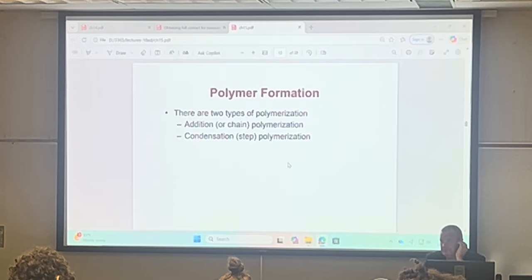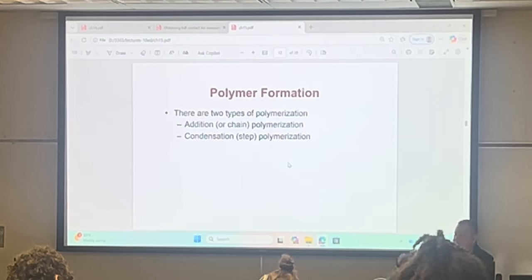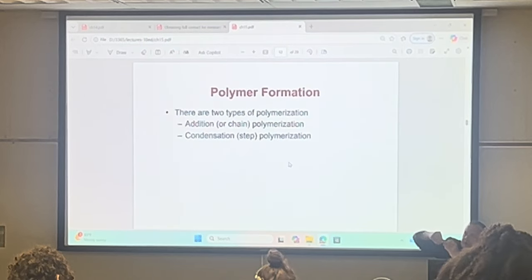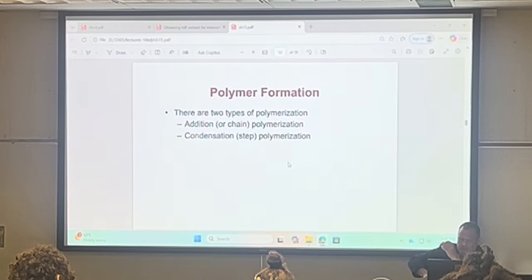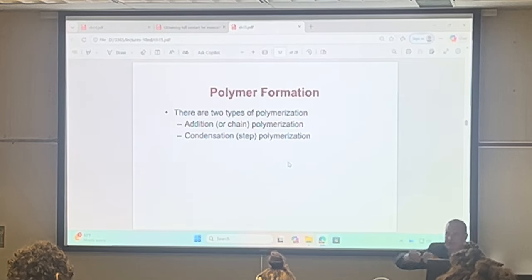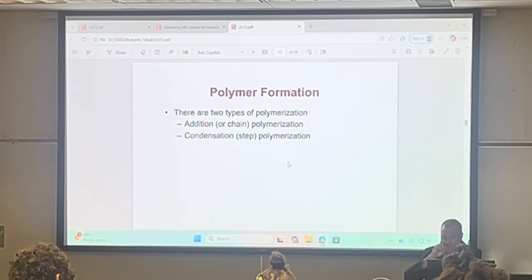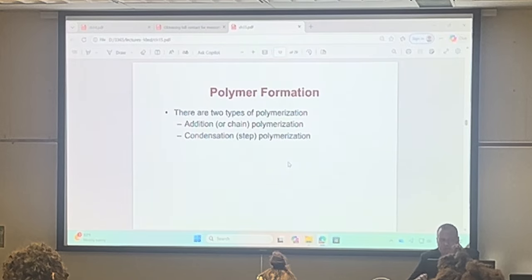Making polymers, making plastics. There are 2 types. There's chain polymerization, or addition of the chain to the existing chain, like this, or another one is condensation. So chain polymerization or step polymerization.